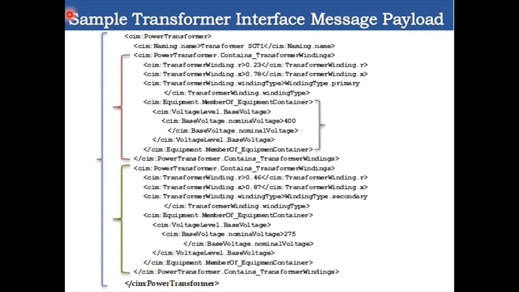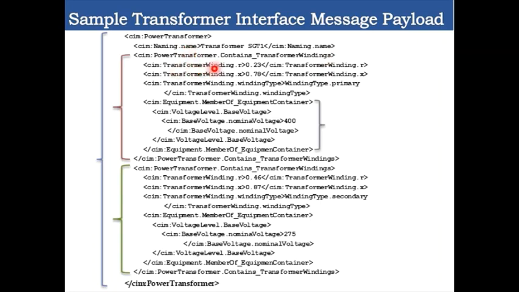Here power transformer is the parent tag, that is the power transformer we are talking about. In the power transformer we will have two transformer windings, so you will see the structure related to power transformer winding. What we will say here is power transformer dot contains transformer winding.